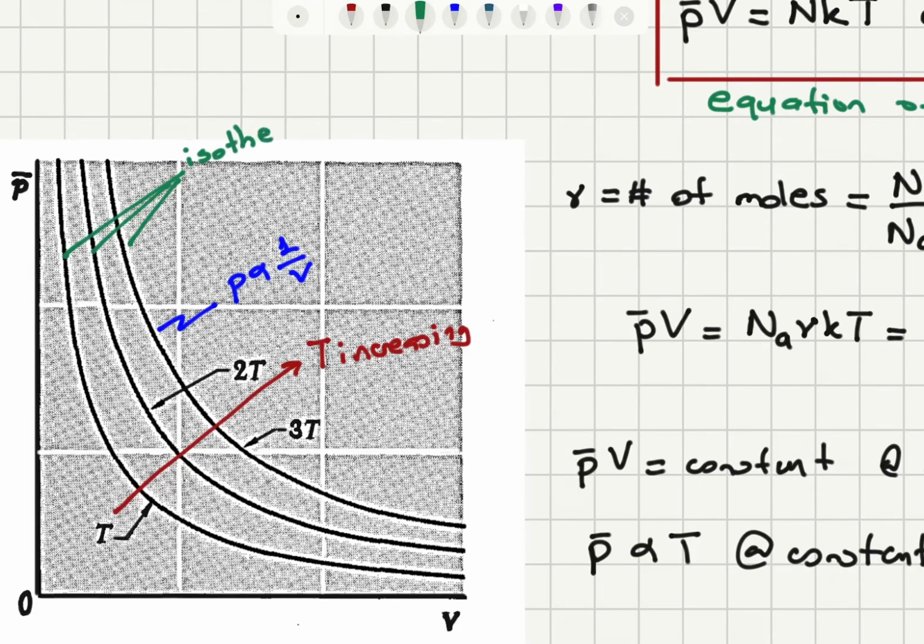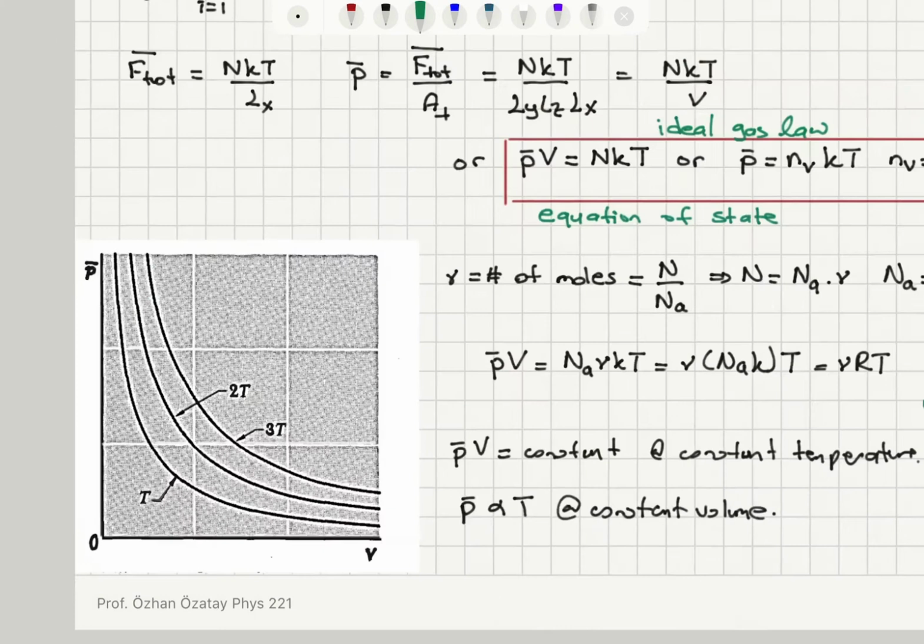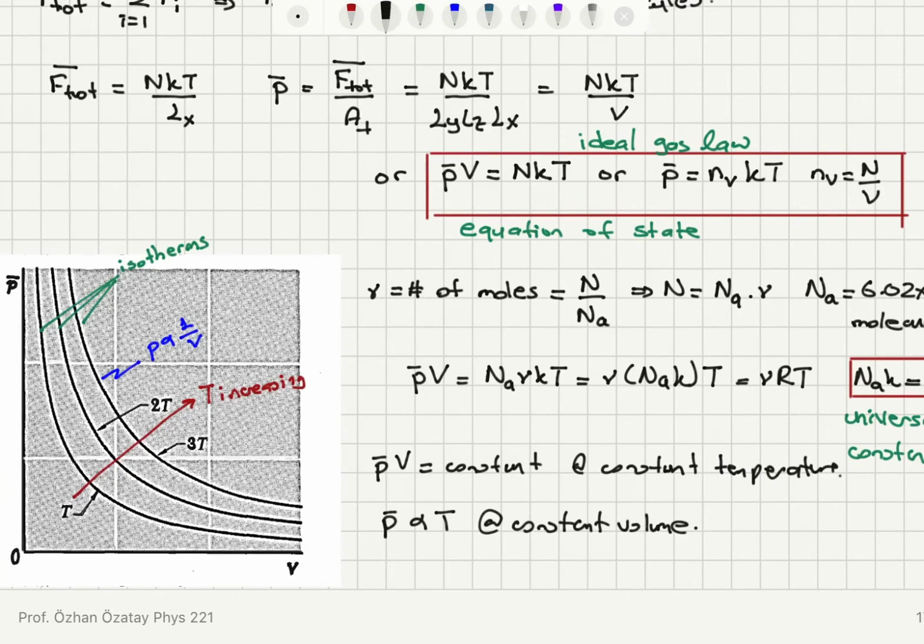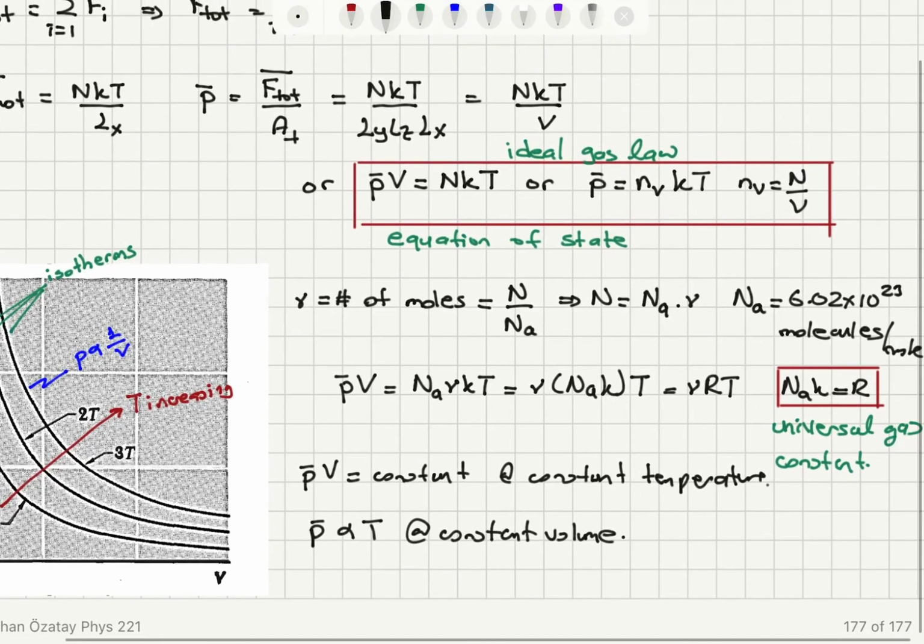So you have constant temperature pressure-volume curves. And basically the equation of state I have obtained here, PV equals nKT or PV equals nu RT using the universal gas constant, is valid for any gas in the ideal gas limit.